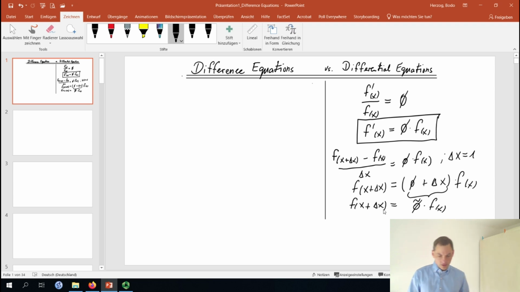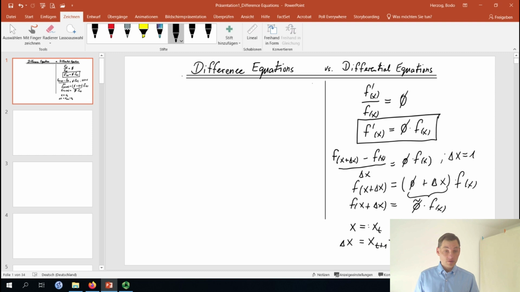Now suppose the x here is simply x of t, and the delta x is the difference between x of t plus 1 and x of t.